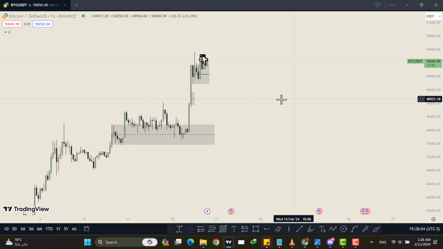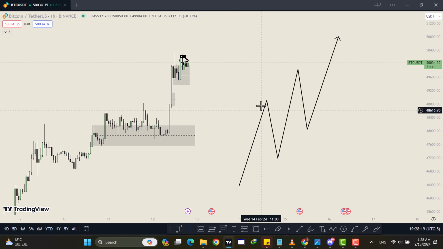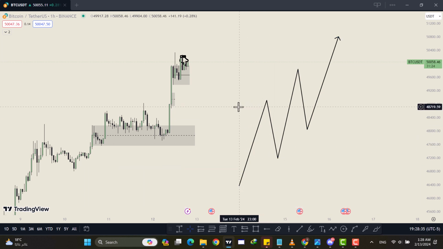So basically we're gonna use this structure right here. Price will expansion, and then it will retrace. The retracement will happen after taking a previous high. So remember, external to internal. External range liquidity. For example, here we take a high and then price did what?